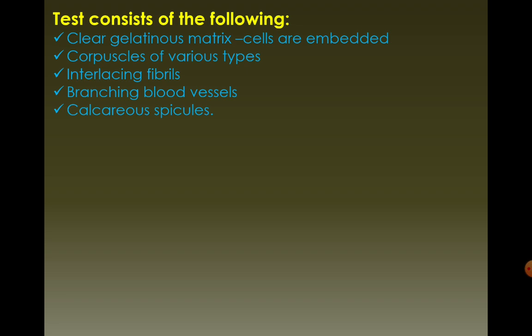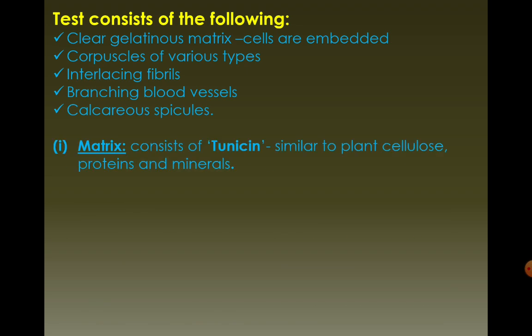It has branching blood vessels, and it shows calcareous spicules, which were shown in the previous picture. Now let us learn one by one in detail. The matrix, as we said, consists of tunicin, which is nothing but a cellulose kind of material, and in addition it also has some proteins and minerals.